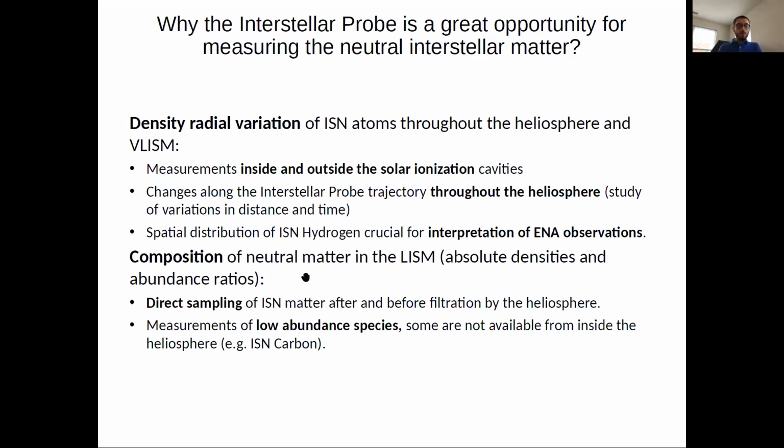For example, for carbon, there is only a small fraction of neutral carbon in the interstellar medium, probably, so it will be quite challenging to observe even outside, but inside the heliosphere we don't have any, so it is still quite important to understand what is going on with that.